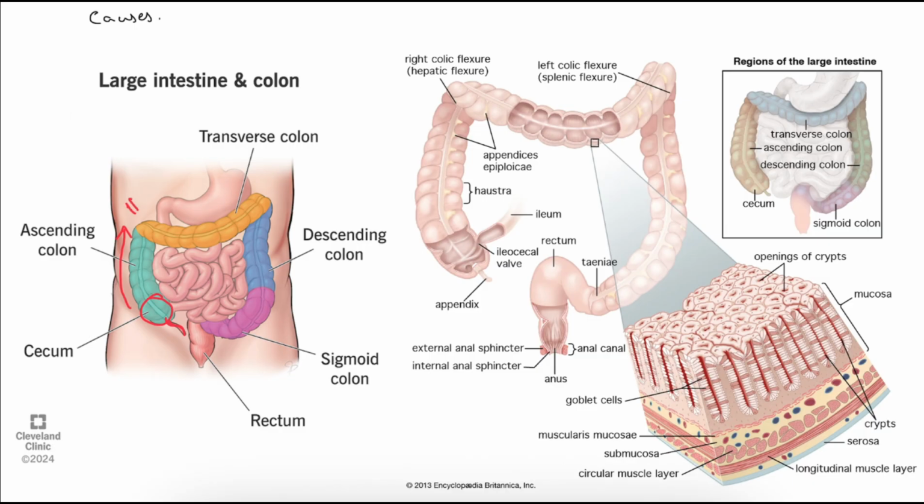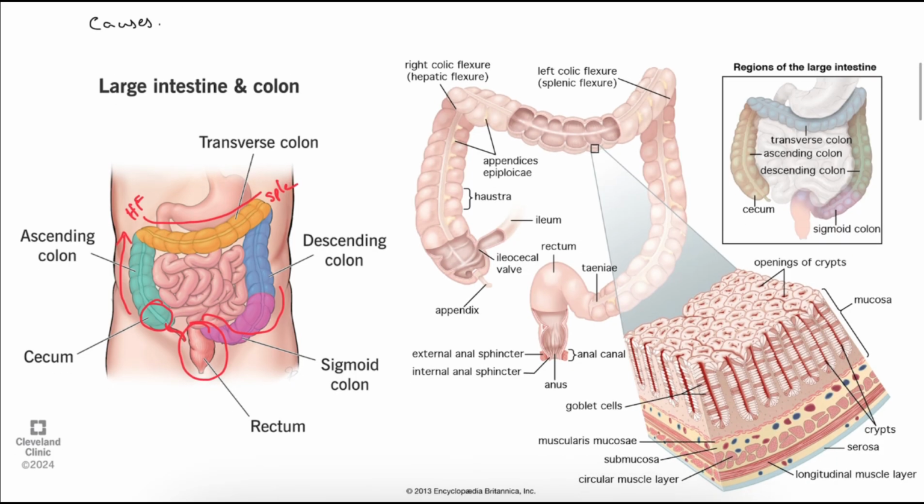Okay, this is the hepatic flexure and this is the splenic flexure, and this is the transverse colon. After this is the descending colon, and then it goes in an S shape, so this is the sigmoid colon, and here is the rectum. Okay, so this is the main large intestinal structure.